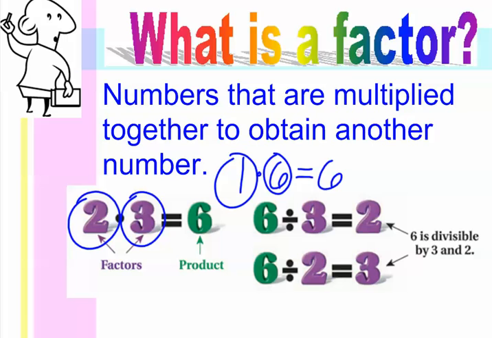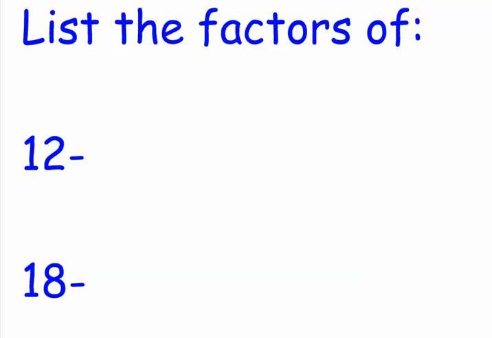So any numbers that basically divide in evenly to your number is a factor of it. We like to say that factors are numbers that fit in. So let's quickly do an example. Let's list all of the factors of 12. Now this one you're just going to listen to and not do on your notes paper. So I need to think about what are some numbers that evenly fit into 12. Well, I know 1 can fit into every single number, and I know 1 times 12 equals 12. So I'm going to write down 1 and 12.